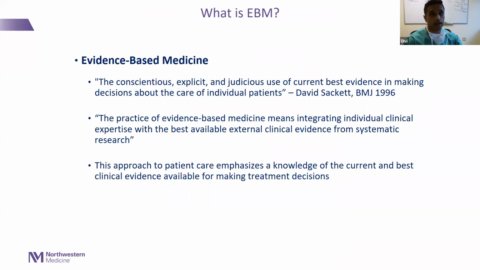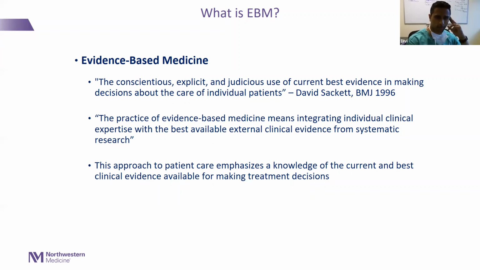There's a definition put forth by David Sackett in the British Medical Journal in 1996 that is the most commonly used today: a conscientious, explicit, and judicious use of current best evidence in making decisions about the care of individual patients.